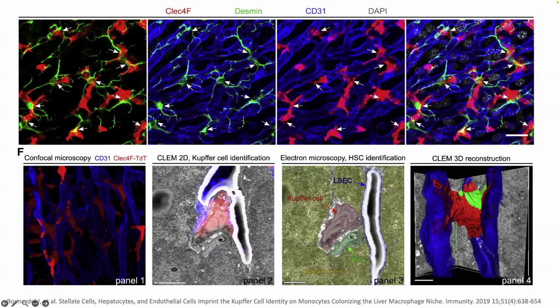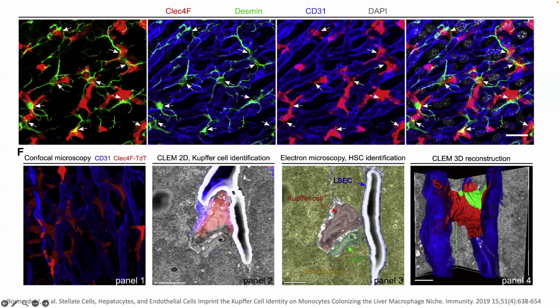So if we do classical confocal microscopy, where you have the Kupffer cells in red, the stellate cells in green, the endothelial cells in blue here, you can see very nicely that every Kupffer cell is always paired to one stellate cell, and they're spaced evenly around in this niche, and then you have the endothelial cells here.